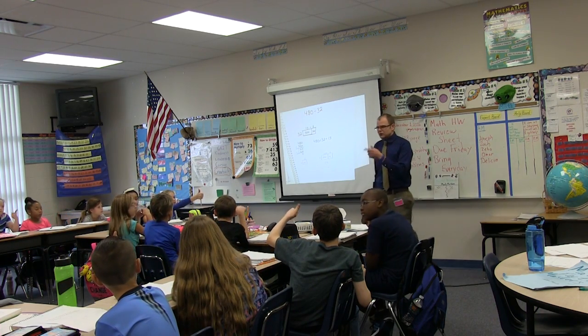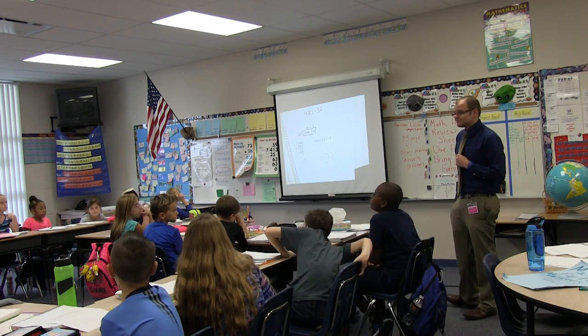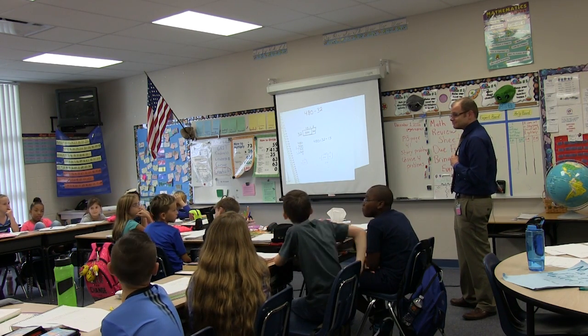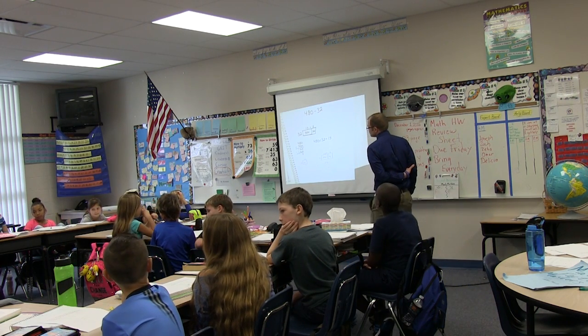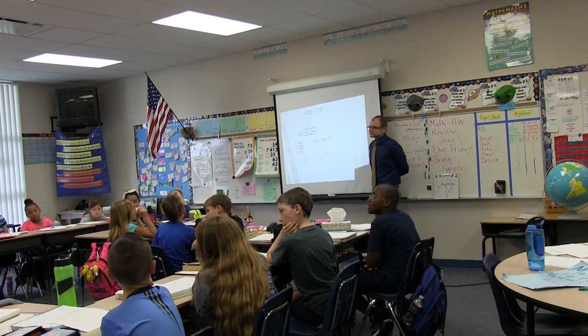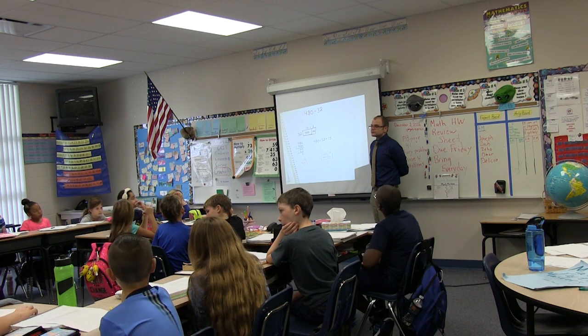So let's restate that. Who can restate what she said? Who'd like to restate it? Okay. Who'd like to restate it? Go ahead. So what they did, they kind of added partial quotients with it. They did 32 times 10, which equals 320.